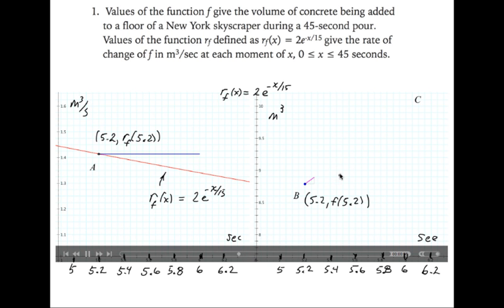The horizontal segment is dx, and it equals 0.8. And this one is df. And how do we get the change of y given the change in x? It's r sub f of 5.2 times dx, 0.8. Okay, so if you had just df and dx, plus 2, bonus point for writing 0.8, bonus point for writing this expression, r sub f of 5.2 times 0.8.